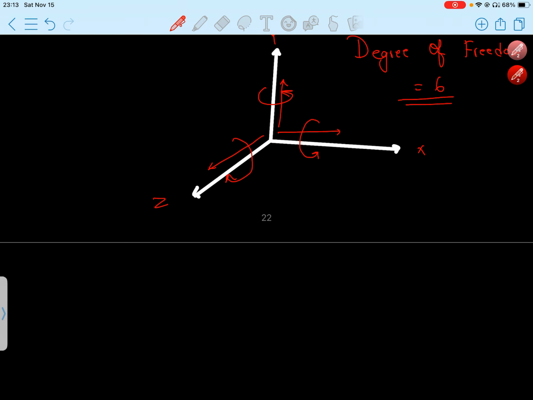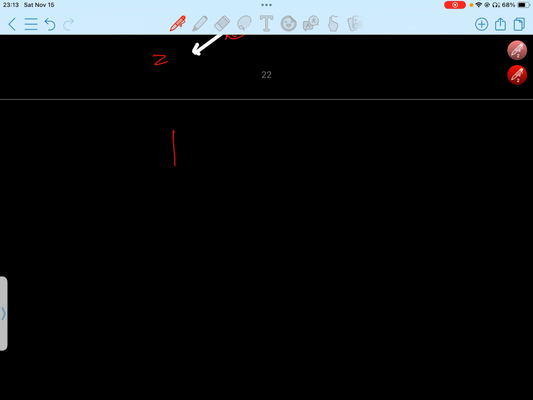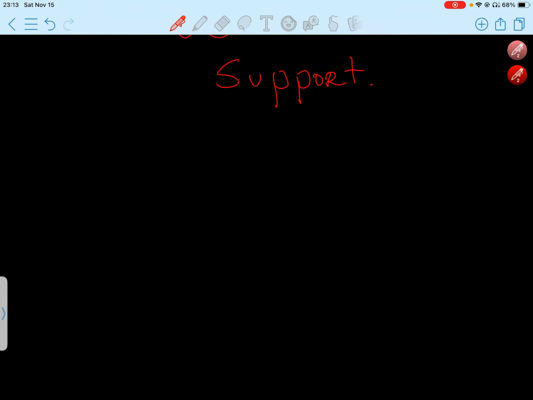So now let's get to the next question. What is a support? What exactly is a support? Now I want you to wait for a second and ponder on this question. What is a support? Try to define it.